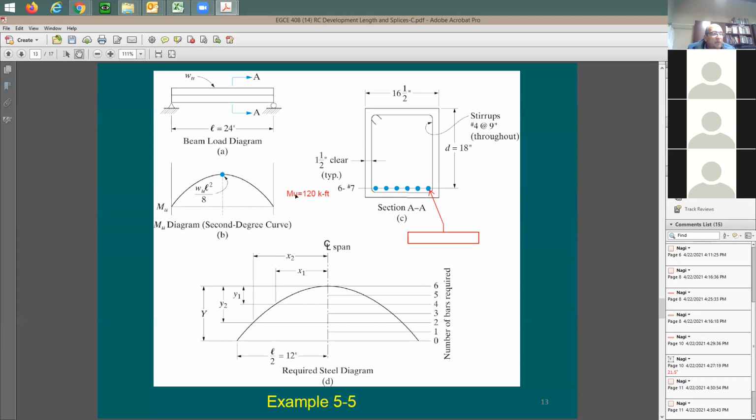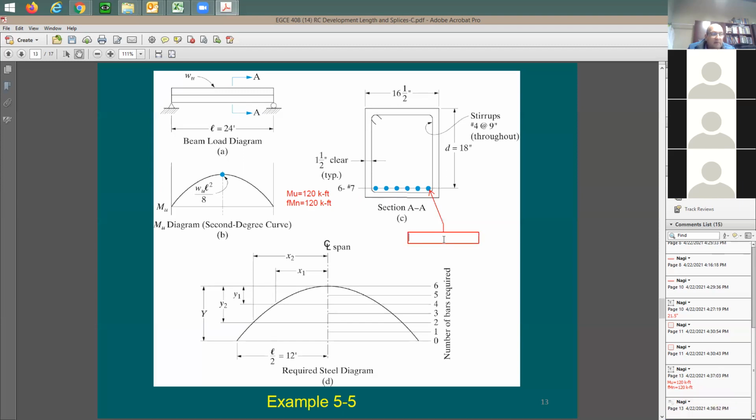If the demand is equal to 120 kip-feet, and the capacity is equal to the demand, phi Mn also equals 120 kip-feet, and I have 6 bars, can you tell me how much is the contribution of each bar to this phi Mn? 20 kip-feet. Yeah, how did you do it? You say the total is 120 divided by 6 bars, so each bar would give you 20 kip-feet, correct? Yeah. Okay, good.